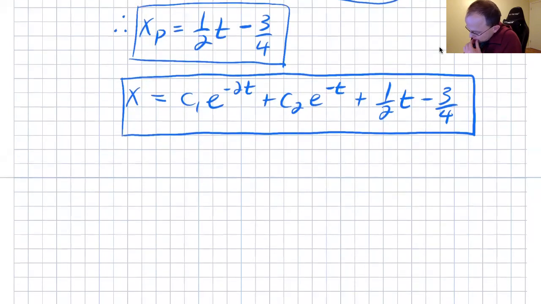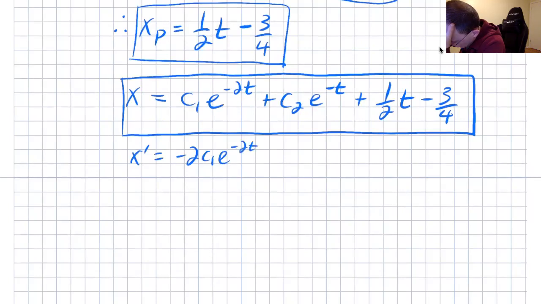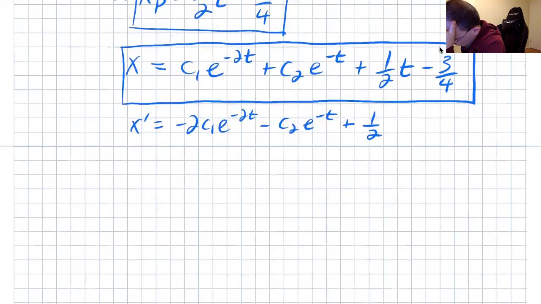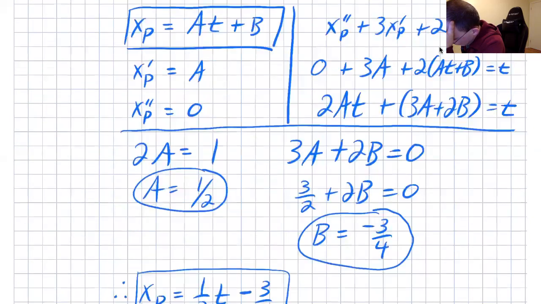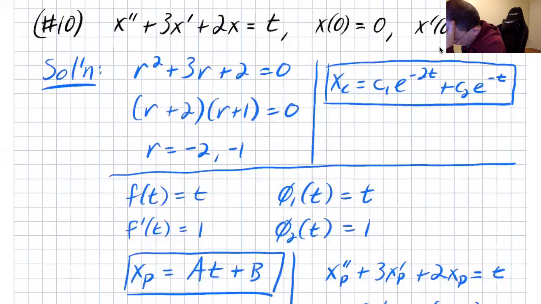Okay, so I need to take the derivative of this. Let's see if I can squeeze it in here. Okay. And now what are the initial conditions? 0 and 2.